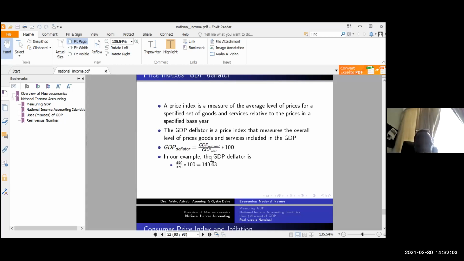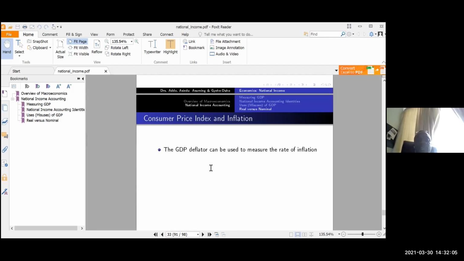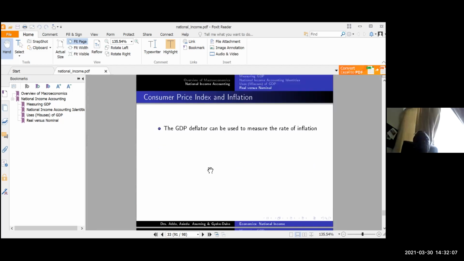However, for inflation calculations in lots of countries, because inflation captures the cost of living to some extent, the price index that is used is the consumer price index: how the prices of the goods and services that people consume in the economy are changing.